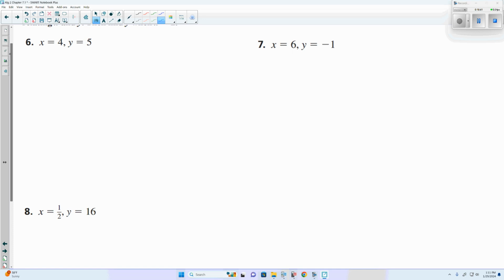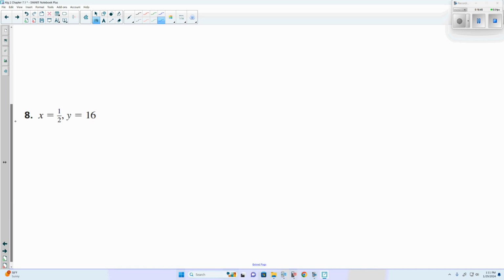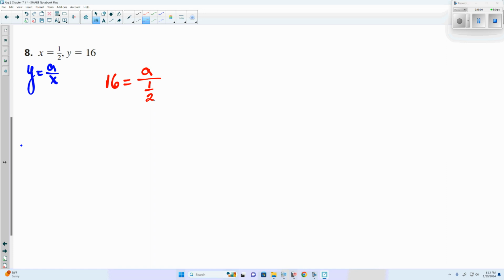Which one of these do we want to look at? So number 8. X and y still vary inversely, so y equals a over x. And we're told that y is 16 when x is 1/2. So what can we do to get a by itself?